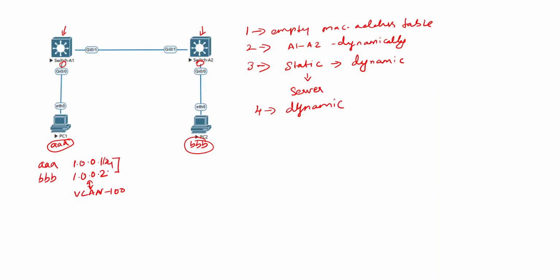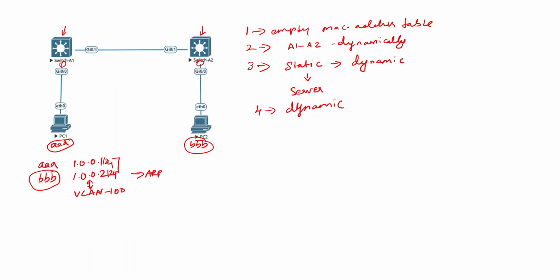Now the traffic will be initiated from PC1 to contact PC2. It doesn't know the destination MAC address for now because it has never contacted PC2. To find the MAC address of PC2, it will send an ARP request packet.